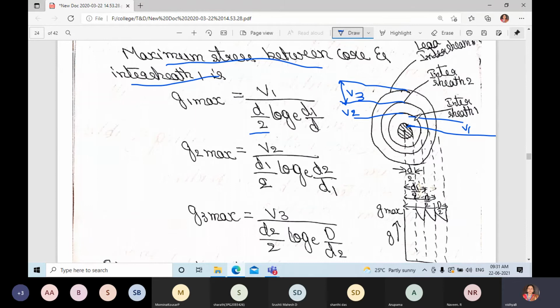Here the total is D1, so D1 divided by d. Next, for G2 max, similarly, we consider intersheath 1 and intersheath 2. Intersheath 1 is D1, and for this one D2.